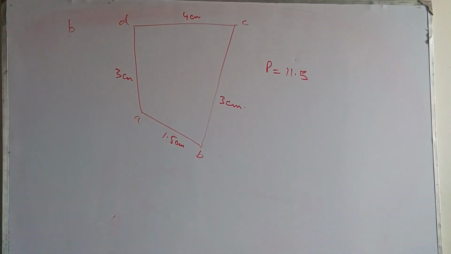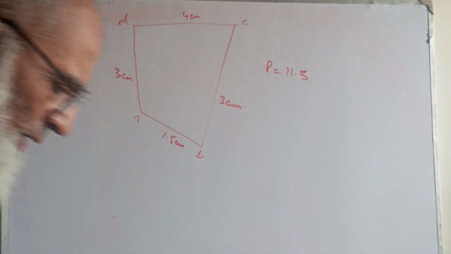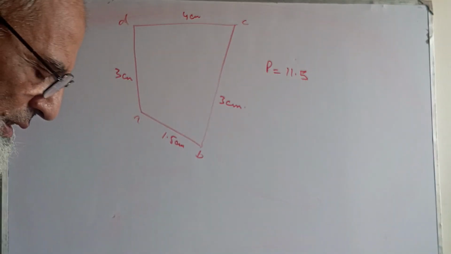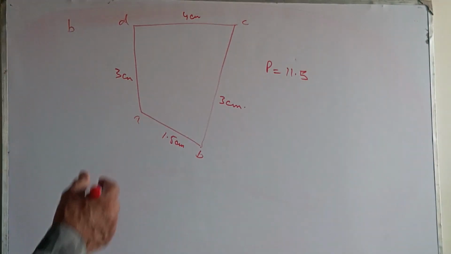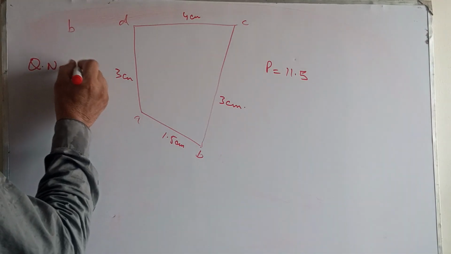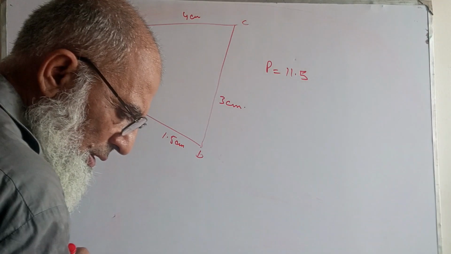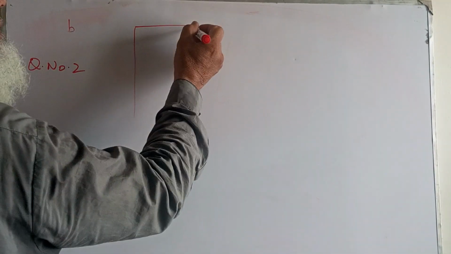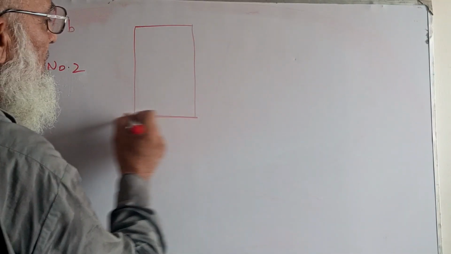The measures are given in your book. First one is very simple, and question number 2. In question number 2, a regular rectangle is given.